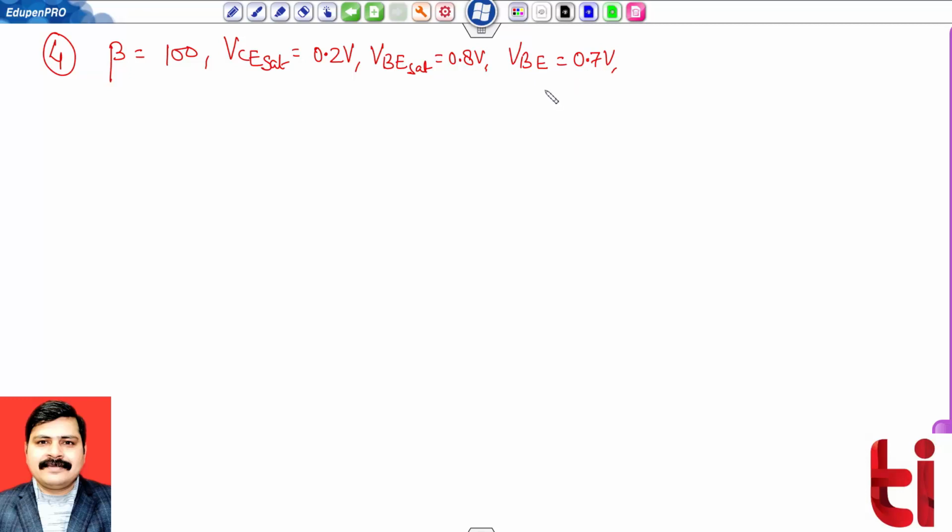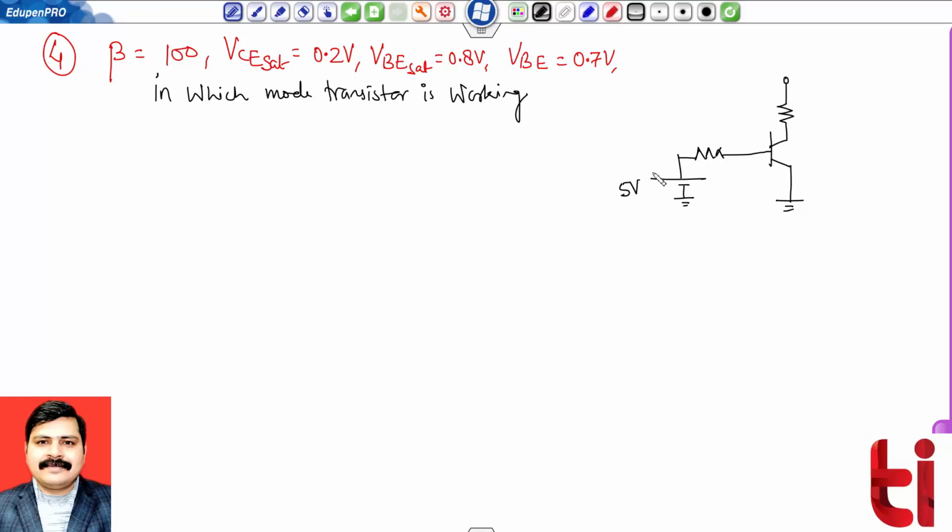And again you have to check in which mode transistor is working. This supply is given as 5 volt, 50 kilo ohm, 10 volt, 3 kilo ohm resistance, and this NPN transistor is again given.